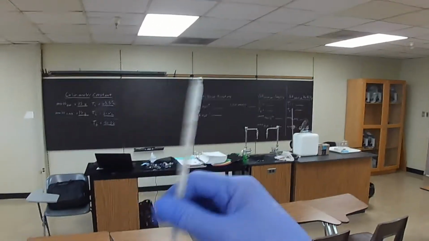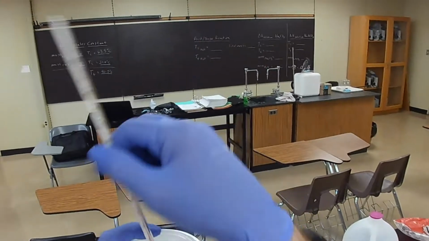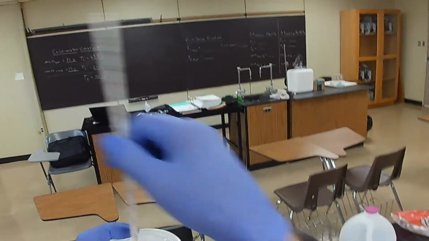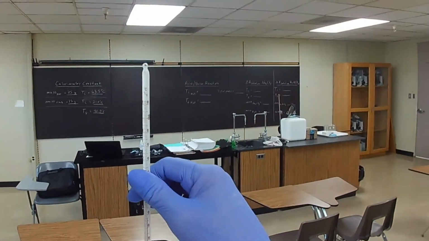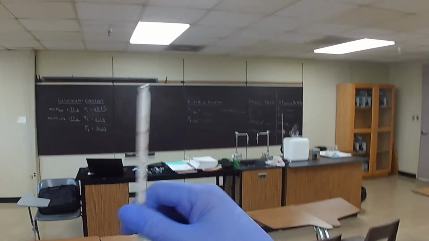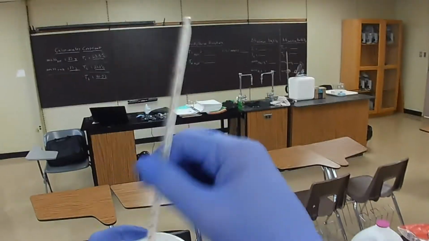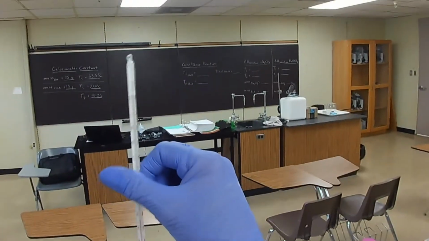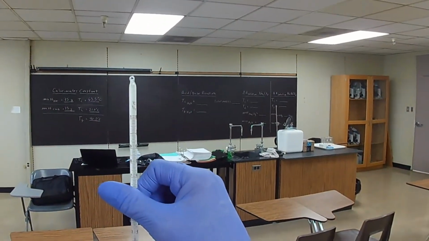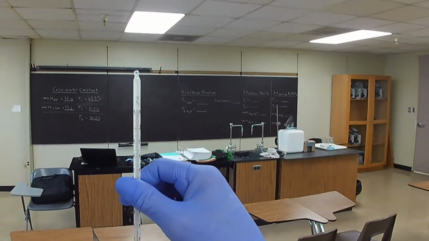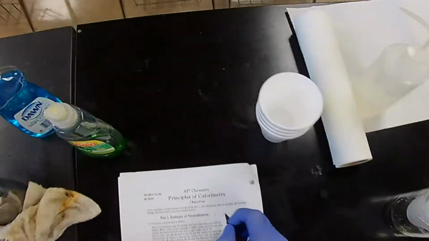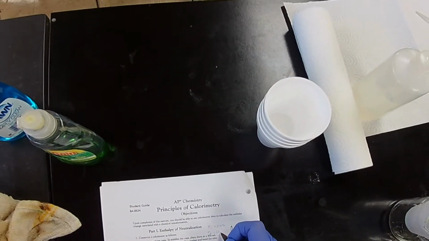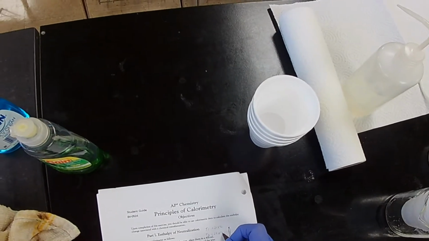Oh, still going. 27. Made it to 27. Let's see, is it starting to come back down? Yep. So it maxed out at 27 degrees centigrade, 27.0, because that last uncertain digit is an estimate.